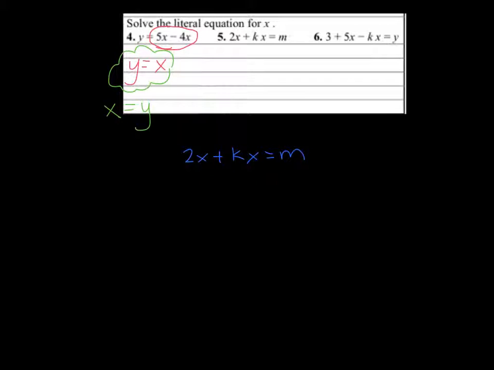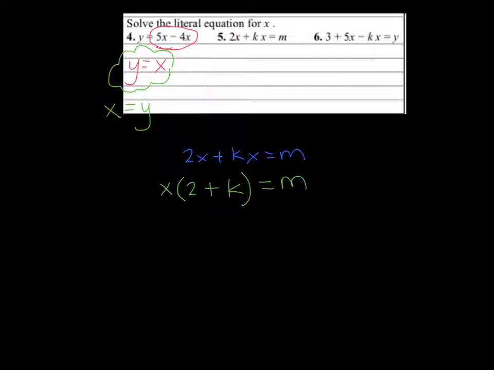And when you factor, really all you're doing is dividing out an x and rewriting it as if the distribution hadn't occurred. So, since I can divide an x out of both of these terms, you are pulling that x back to the front like the multiplication hasn't happened yet, and you have x times (2 plus k) equals m.